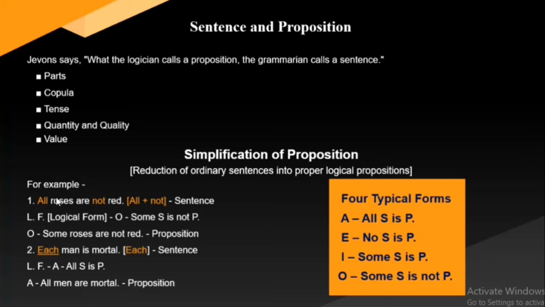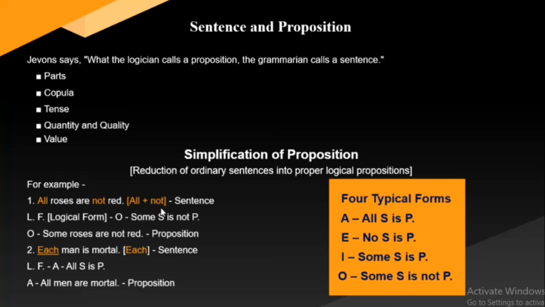For example, all roses are not red. We have four typical forms: all S is P, no S is P, some S is P, some S is not P. The sentence all roses are not red contains all and negative particle not.